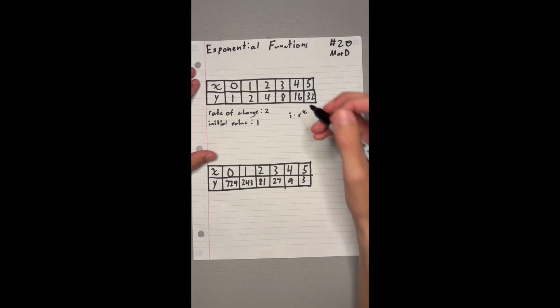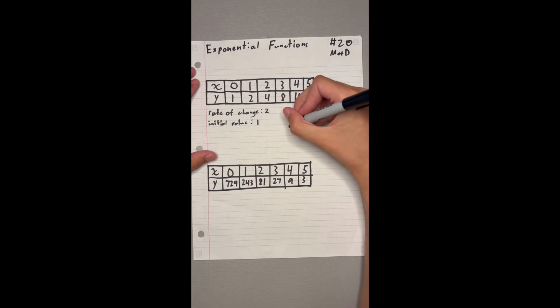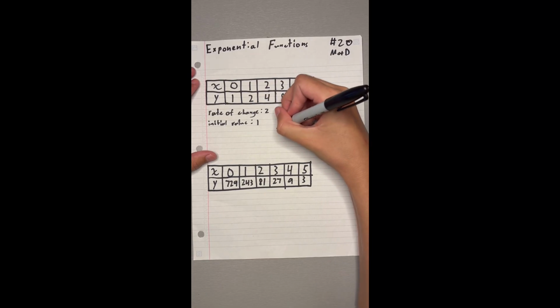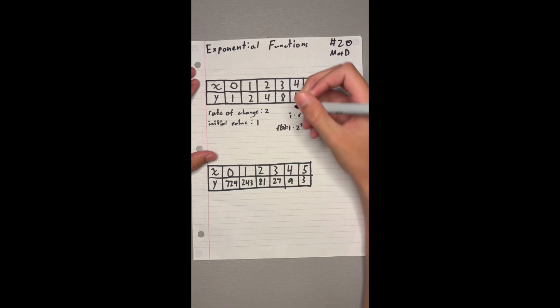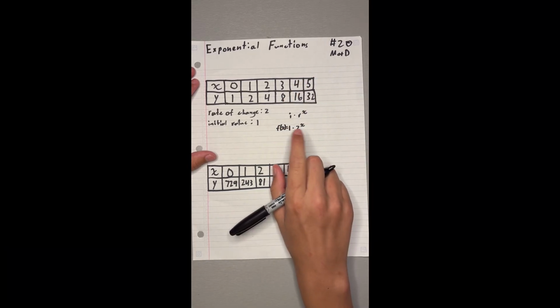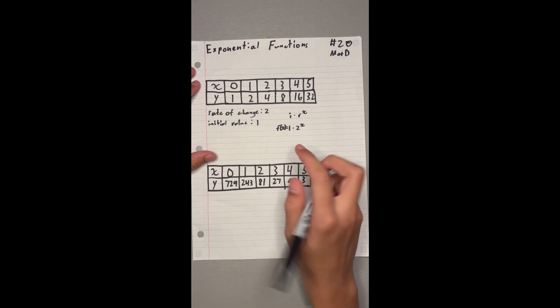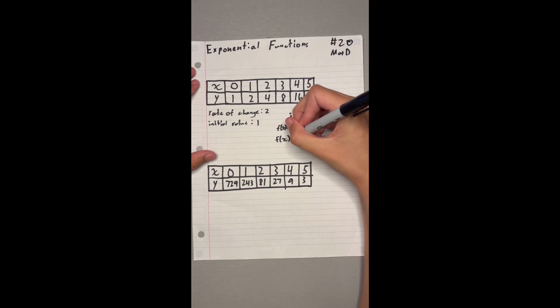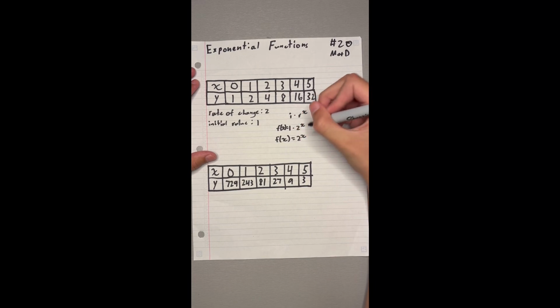Our initial value was 1, so we can do 1 times our rate of change, which is 2, to the x power. And this we can set up as a function in function notation. So f of x is equal to 1 times 2 to the x. And this can just be simplified down to f of x is equal to 2 to the x.